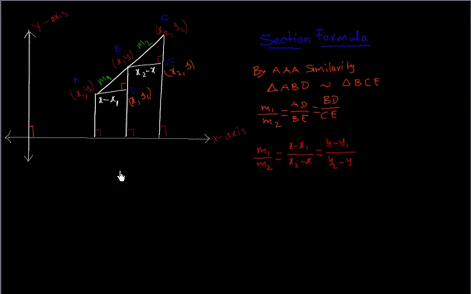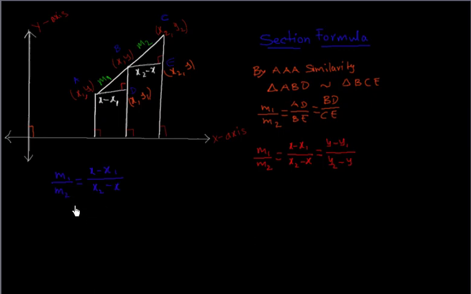Fine. Now, according to the similar triangles, we have framed this. Let me take M1 by M2 equals x minus x1 by x2 minus x.